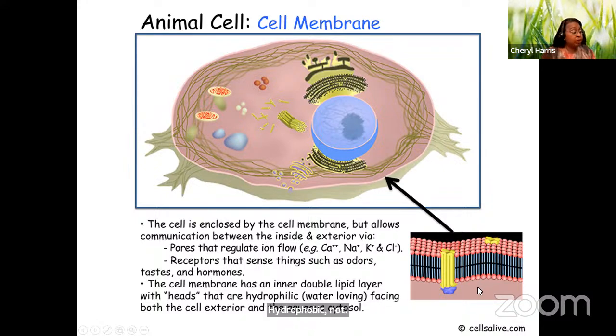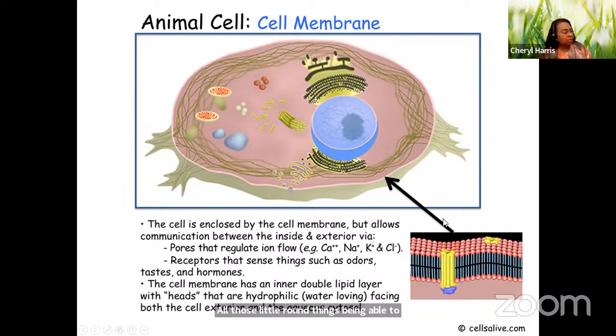So their job, again, is to allow things to communicate, as this is calling it. It communicates because it's got some sensory parts to it as well, but it also allows things to go in and out of the cell. I gave you the example of a screen. Think of all those little round things allowing stuff to pass through.